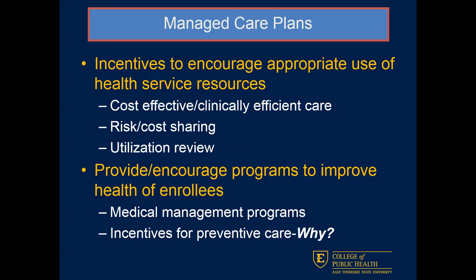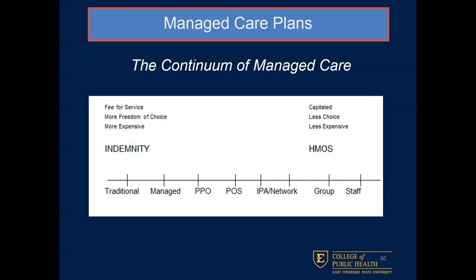So this was kind of the setup for managed care plans. Before we get into the individual types of plans, I wanted to give you a little bit of background on managed care plans, how they function, how they came about, before we get into the individual components of your HMOs, your PPOs, and your POS type plans.